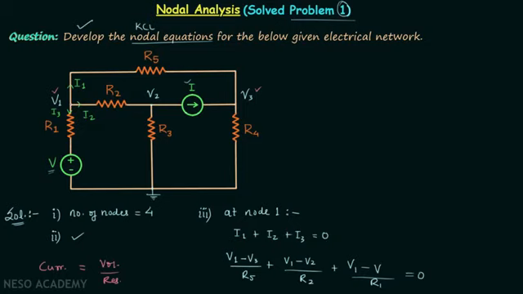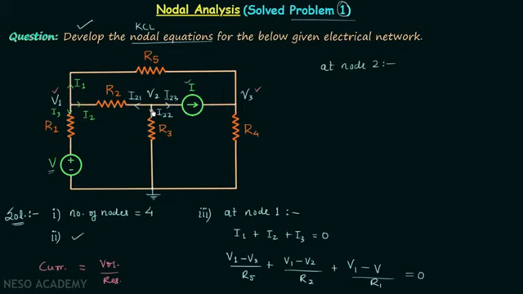Now we will move on to node number 2. At node number 2 we have voltage equal to V2, and let's say this current is equal to I21, this current is equal to I22, and this current here is equal to I23.